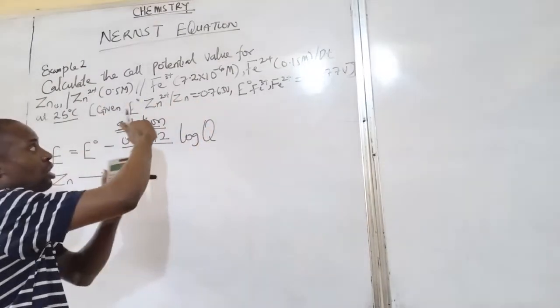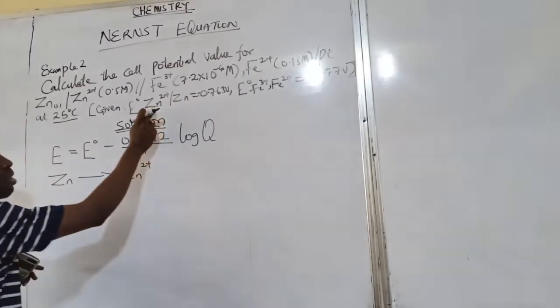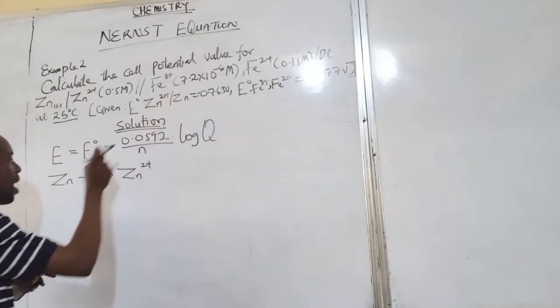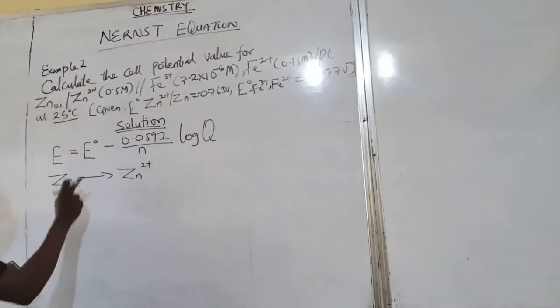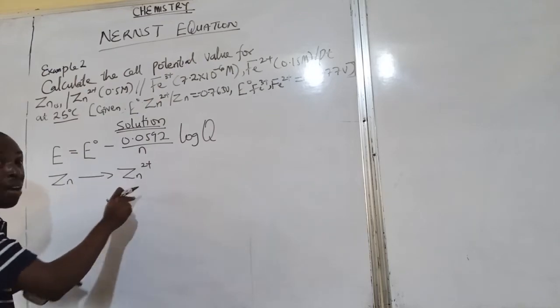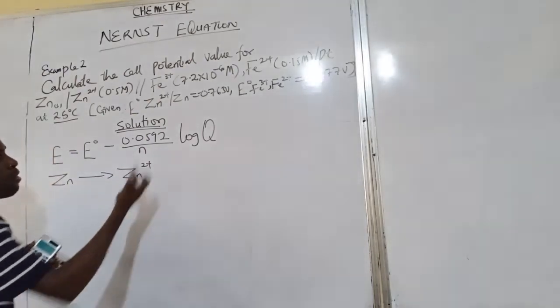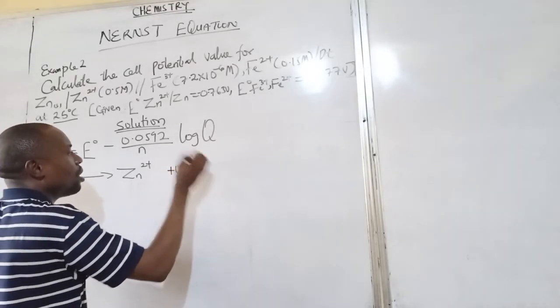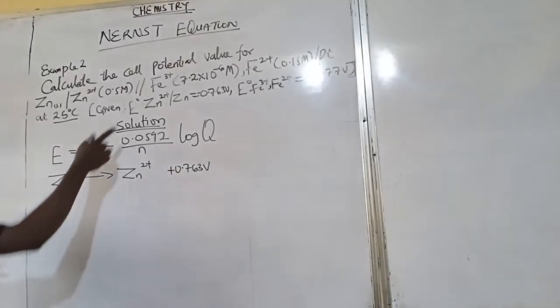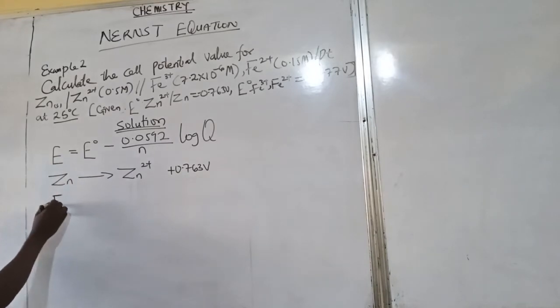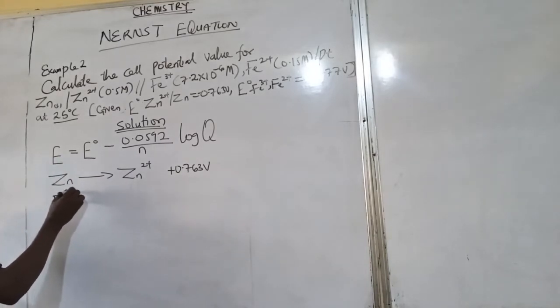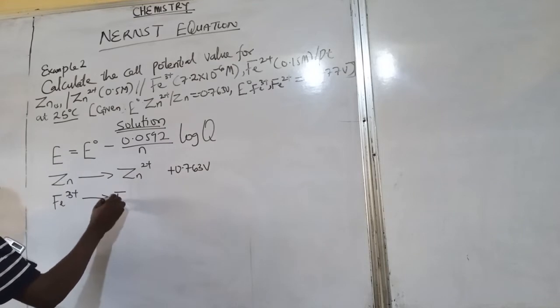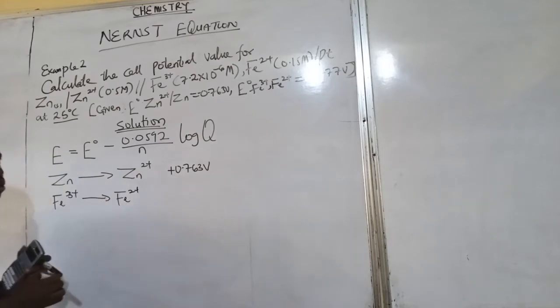So when you turn it, the sign will change, to zinc ion to zinc, and you're not having it from zinc to zinc ion, because of your cell notation, as I already explained earlier. So here becomes plus 0.763 volt.